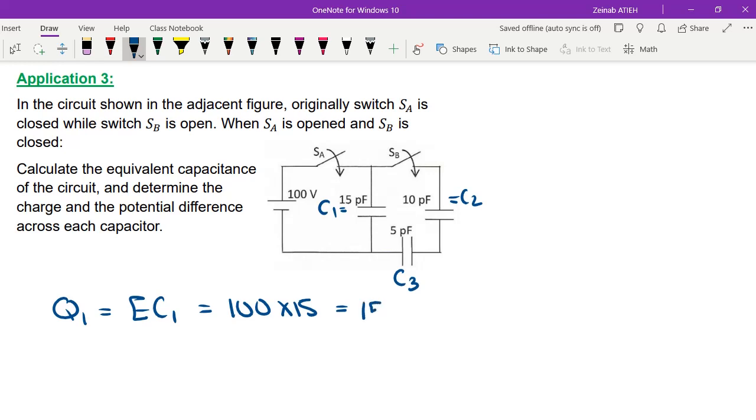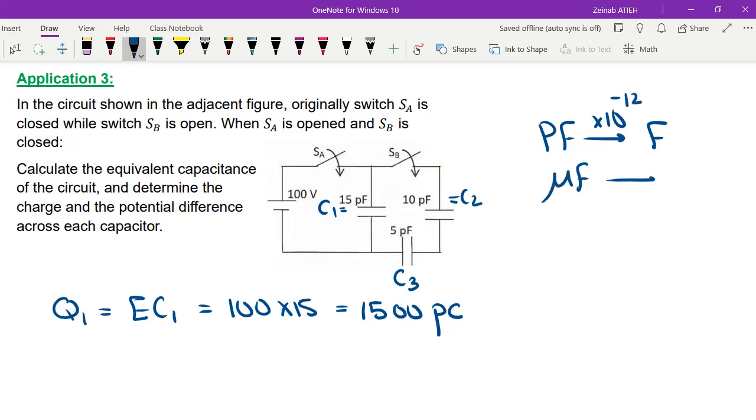So 1500 pico coulomb. بالنسبة للunits from picofarad to farad كل شي pico times 10 to the power minus 12. micro أكيد كلكم تعرفوا times 10 to the power minus 6. ونانو هذا شي مرة مرقت معنا هي times 10 to the power minus 9. Okay, so هاي Q1 this is the charge of C1 لما صار completely charged من ال dry cell when we closed SA and SB was opened.